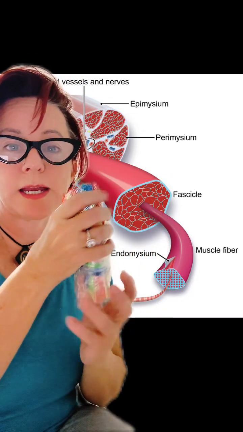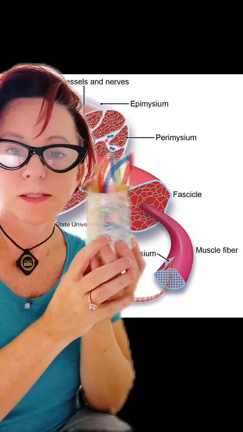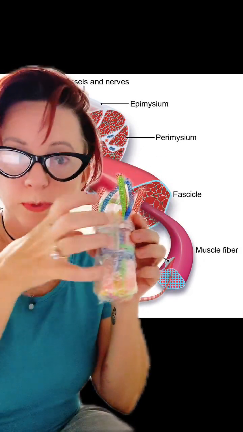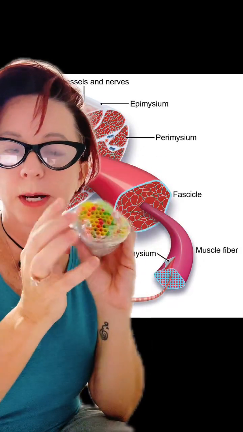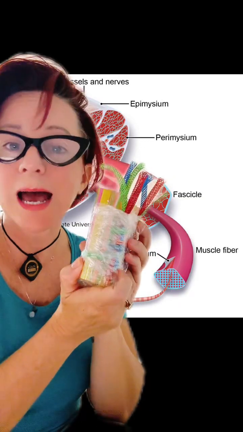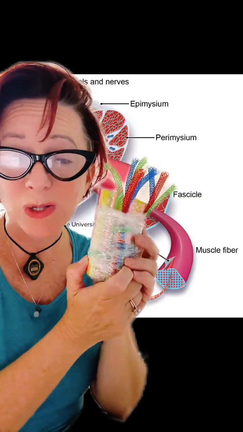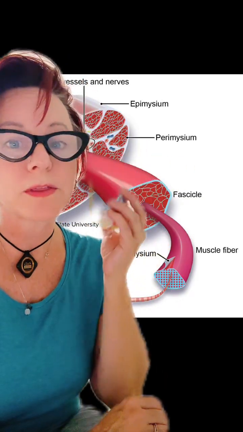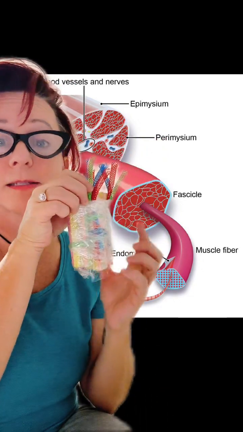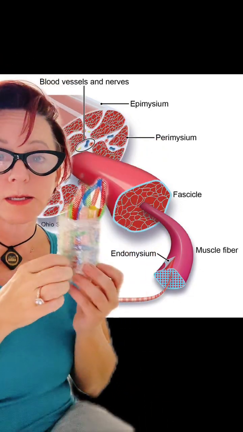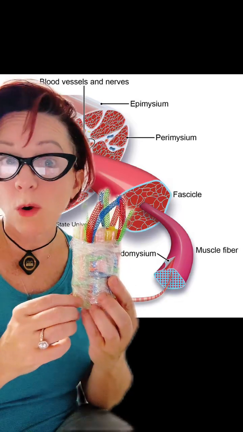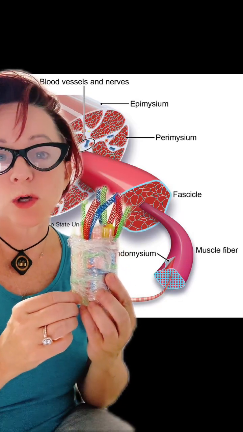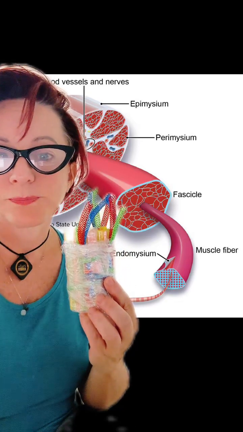So then you take this fascicle and group them all together to make a bundle, right? And now we have a skeletal muscle. This is what we're most familiar with, the skeletal muscle. And yes, the skeletal muscle is wrapped in more fascia, but this is called the epimysium.